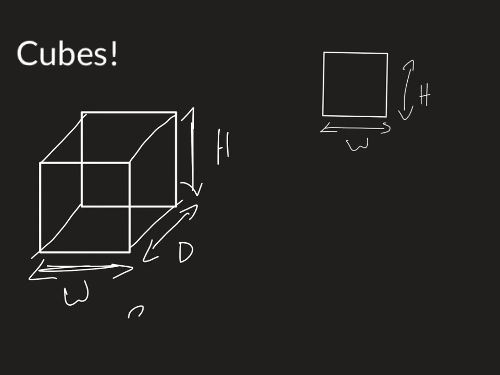So it has 3 dimensions. This one has 2 dimensions. Now, a cube has 6 faces. A face is each 2D shape that makes it up. You can see here, 1, 2, and this top part is 3, 4, 5 on the bottom, and then the front side here is 6.